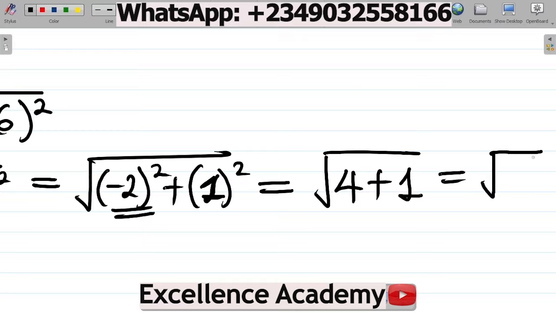That becomes the square root of 4 plus 1, which is 5. So the correct answer here is square root of 5.